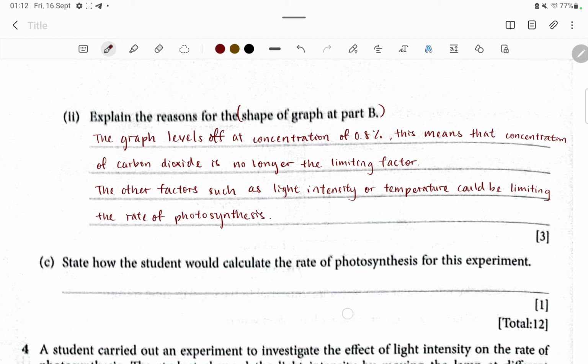Okay, and then you can write explain further for the factors.